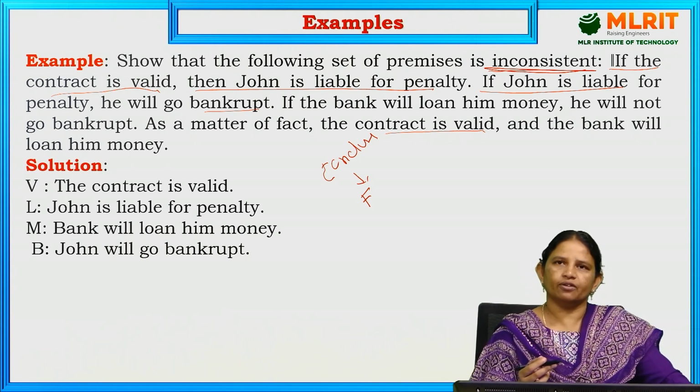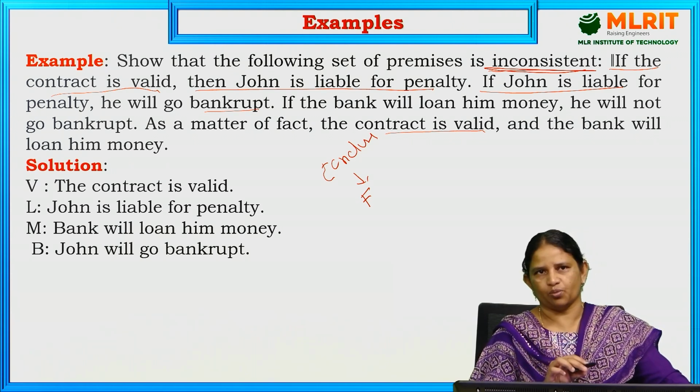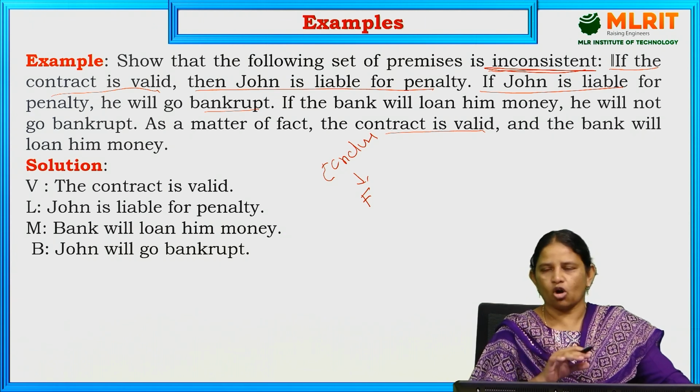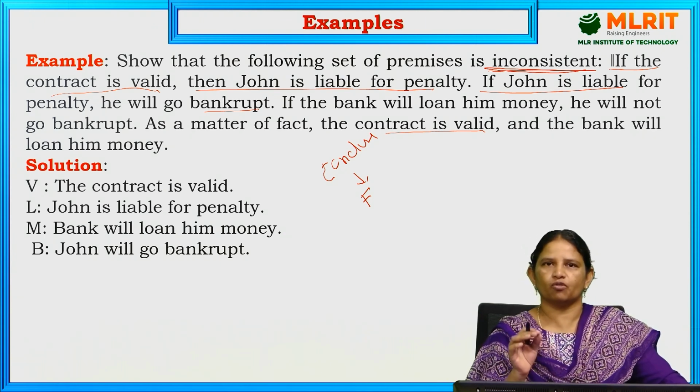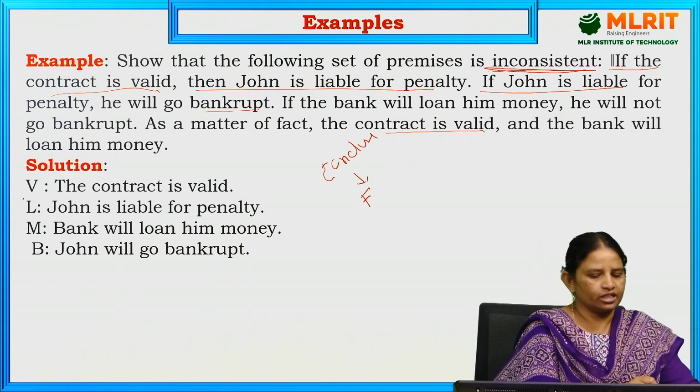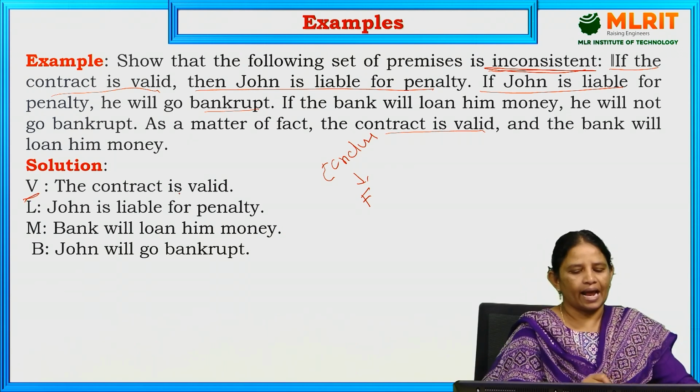First of all, convert these statements into symbolic form. There are common statements present, and based on them we are going to take 4 notations. The first notation is V: the contract is valid.